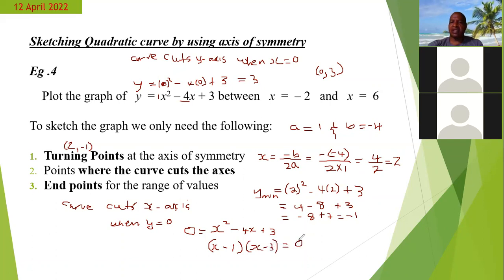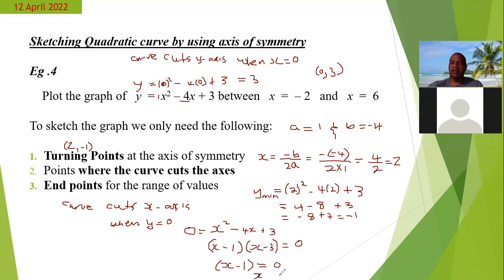And then now you can solve for these x values by equating each bracket to 0. So you equate the first bracket to 0. Then you solve for x. So x would be equal to 1. You bring over the 1. And then the same thing for the other bracket, x minus 3 equal to 0. You bring over the 3, so x is equal to 3.